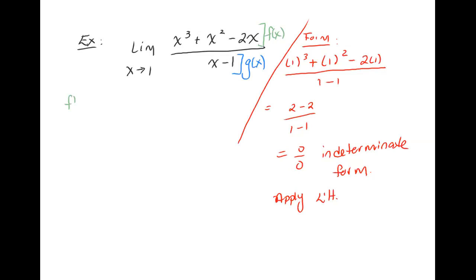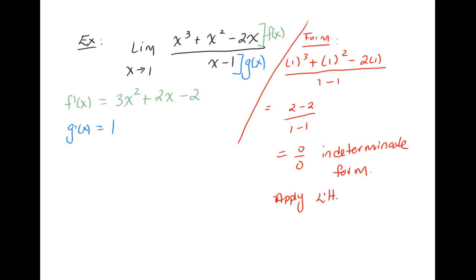F prime is equal to derivative of x cubed, which is 3x squared, plus the derivative of x squared, which is 2x, minus 2 times the derivative of x, which is 1. I need G prime, which is equal to the derivative of x, which is 1, minus the derivative of 1, which is 0.